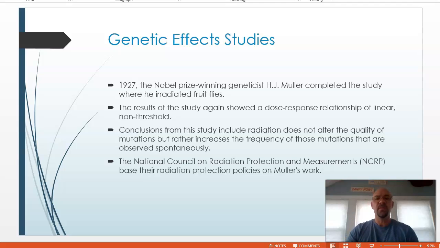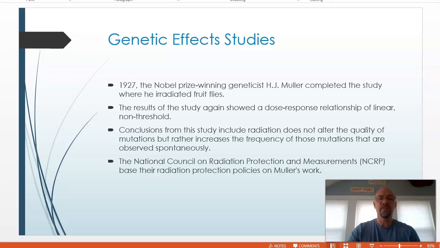So what Mueller did was he irradiated these fruit flies and then studied their genes after irradiation. And he was able to determine that the response to radiation for these fruit flies followed a linear non-threshold curve. He also concluded that although an increase in radiation doesn't magnify the effects of those genetic mutations, it does increase the frequency in which mutations do take place.